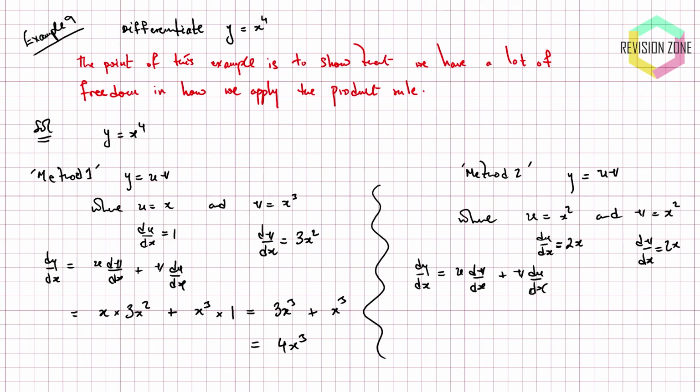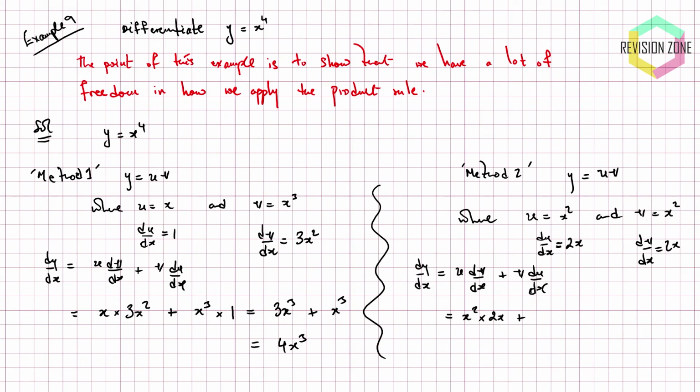Now that I have all the things I need, let me put them into this formula. My u is x squared, so let's write that in. My dv by dx is 2x, so we put that in, times 2x, and there's a plus sign, and then I have a v, which is x squared again.